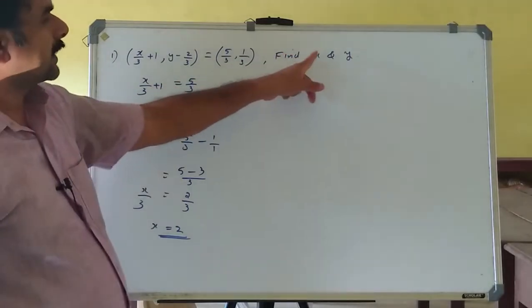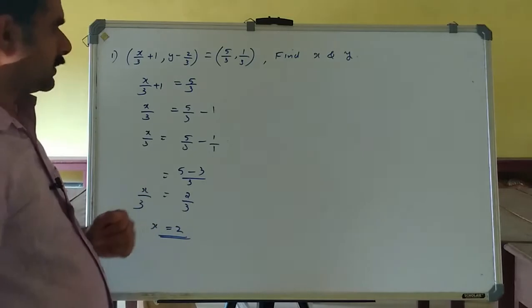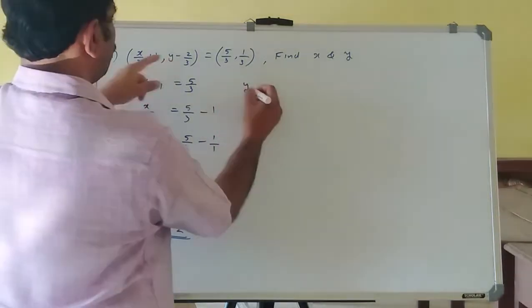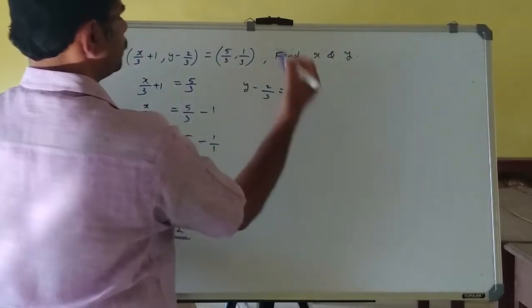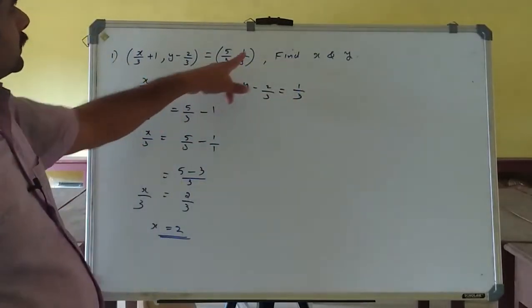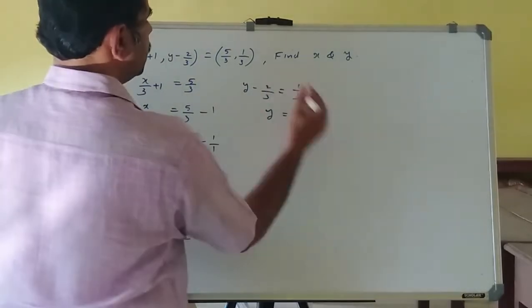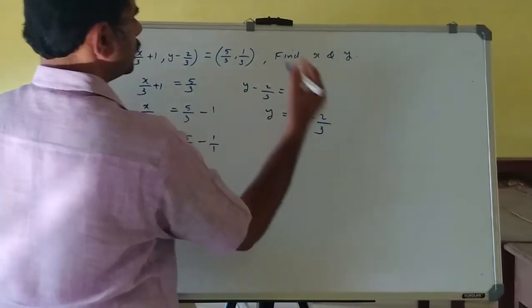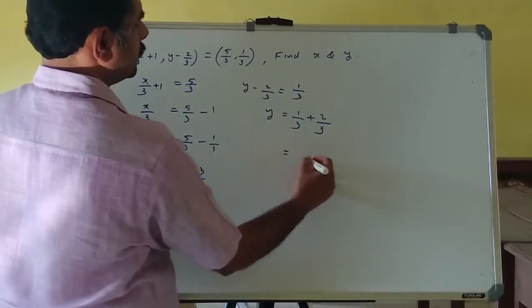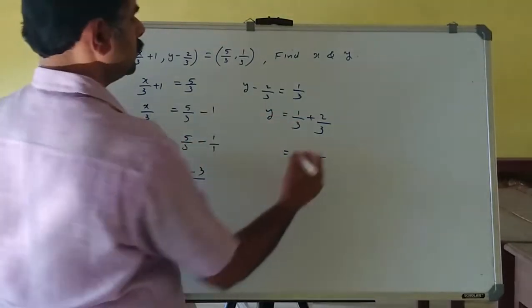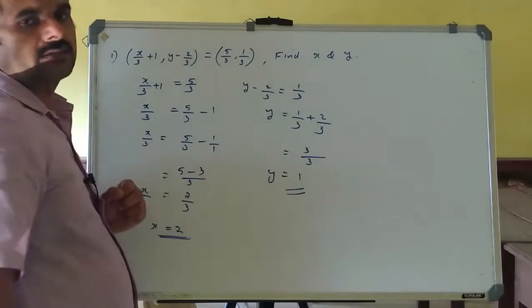We have to find both x and y. So the value of the first number x is obtained. Similarly, y - 2/3 is equal to 1/3. So y is equal to 1/3 plus 2/3. 3 is common here, 1 plus 2, 3. So 3/3, 1. So y is equal to 1.